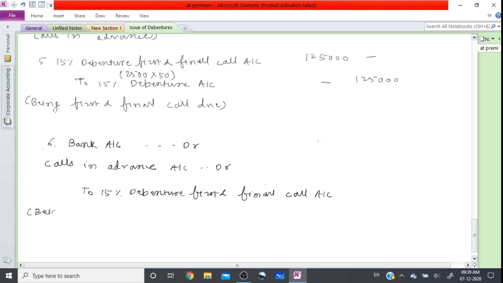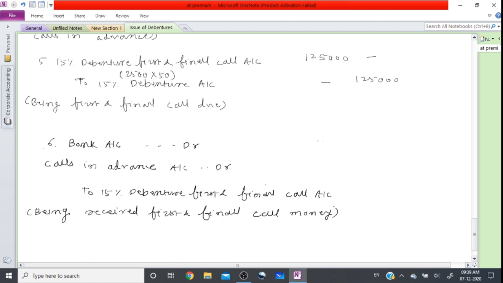Being received first and final call money.